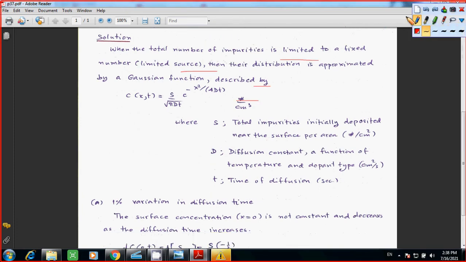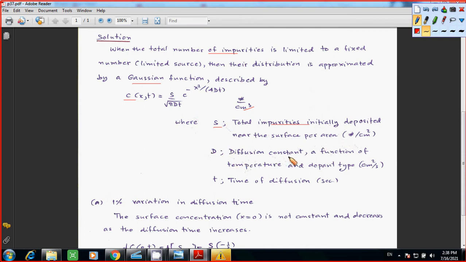when the total number of impurities is limited to a fixed number, or limited source, then their distribution is approximated by a Gaussian function. C is the number of impurities per cubic centimeter, and equals S over square root pi Dt, exponential negative x squared over 4Dt, where S is the total impurities initially deposited near the surface per area.